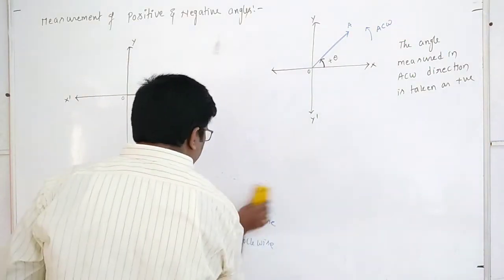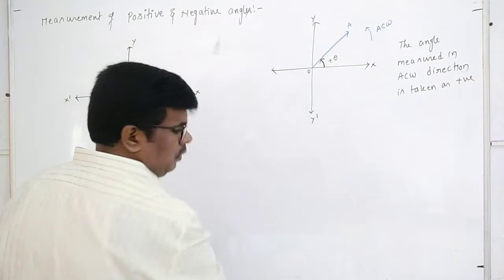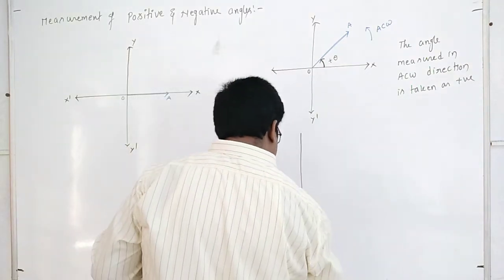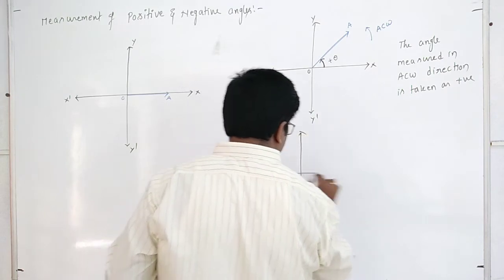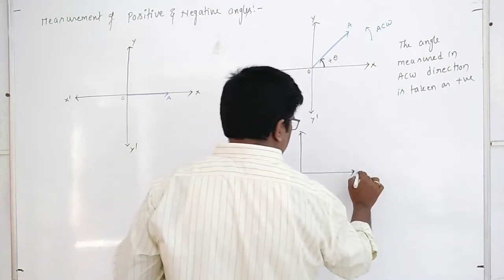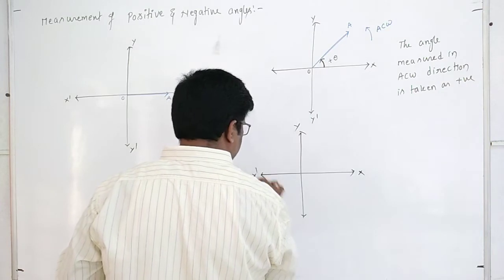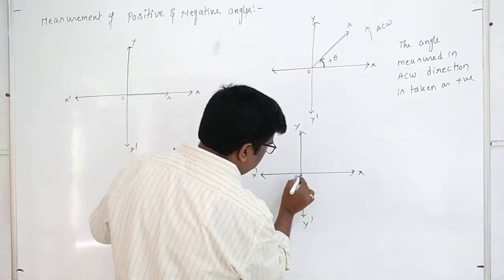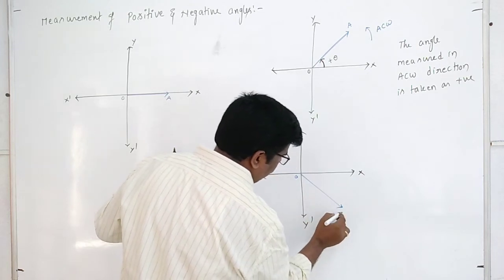Now clockwise, if you observe, if you take the ray like this. This is x, y, x dash, y dash. Now at the origin, the ray is like this, OA.